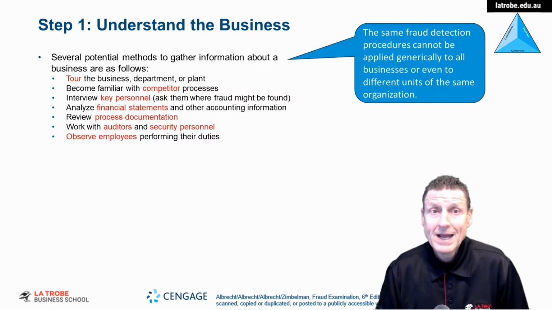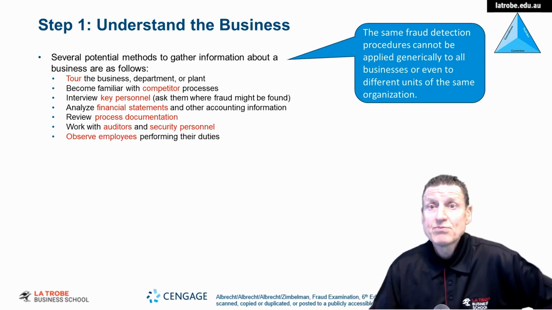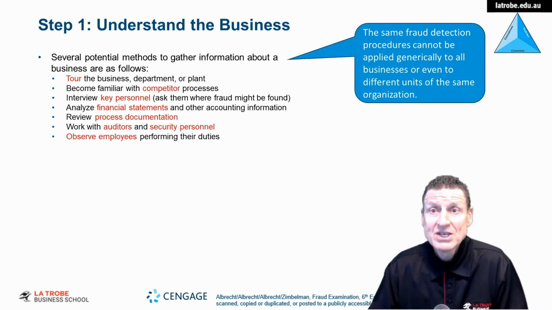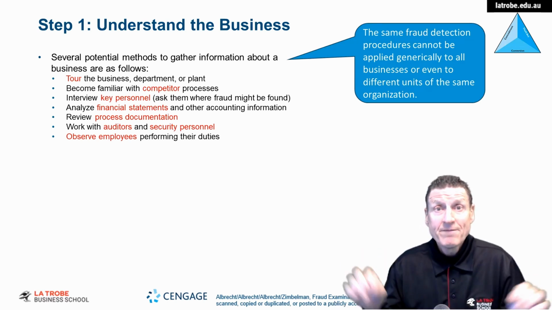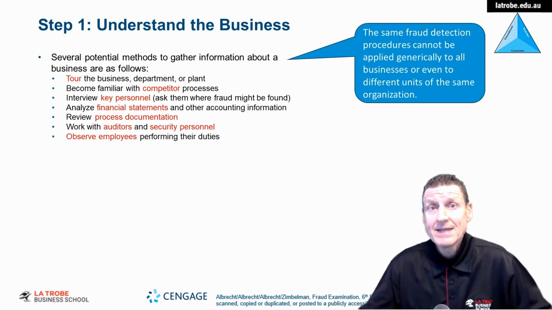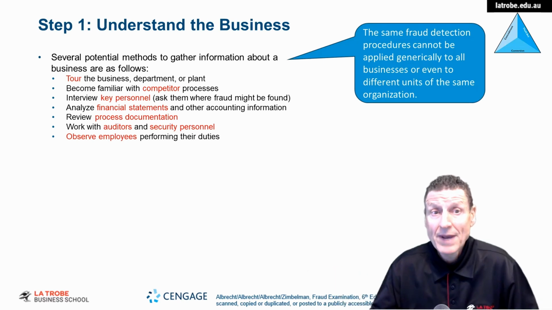So let's start with step 1, understand the business, because the same fraud detection procedures cannot be applied generically to all businesses or even to different units of the same organization. And understanding the business could be you go visit the factory, or you find out who the competitors are and study them and maybe get general information to compare with competitors.